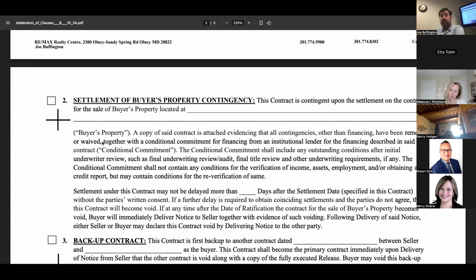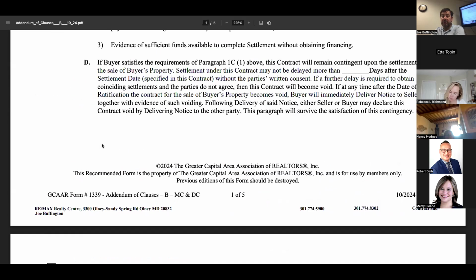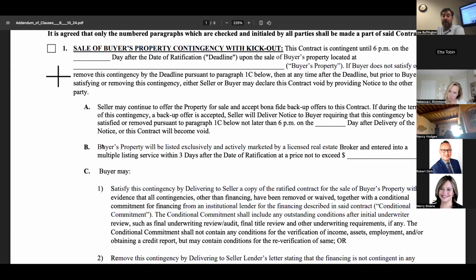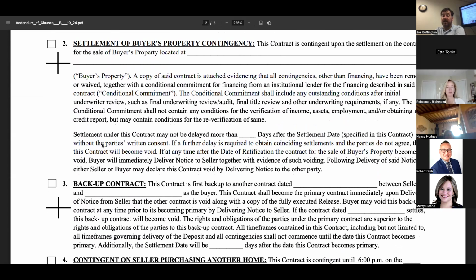They're basically like, all we're doing is waiting for closing, and now they're shopping. They've got a lot more power to negotiate with sellers because they're a lot more secure than paragraph 1, because they've cleared lots of hurdles to get to this point.